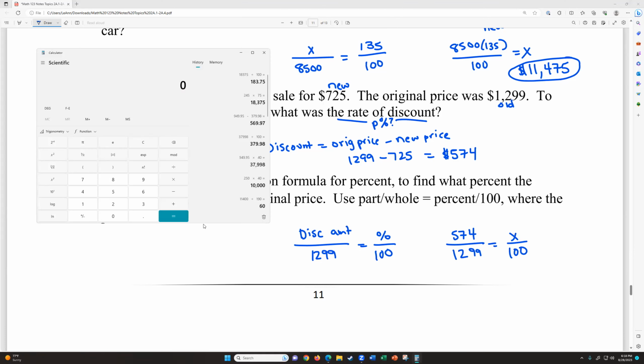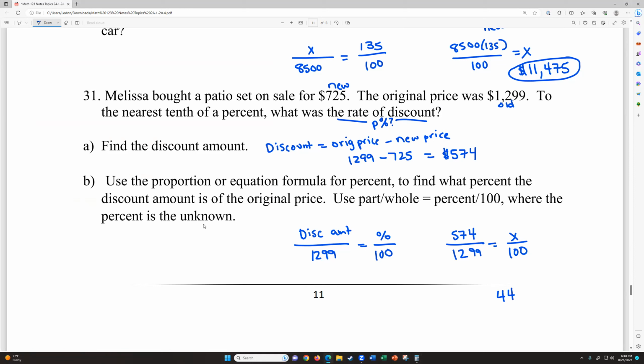So 574 times the 100 divided by 1299. And we're going to round to the nearest tenth of a percent, they said. So this is 44.18. So that one's going to bump up to a 2. So this would be 44.2% is the discount rate.